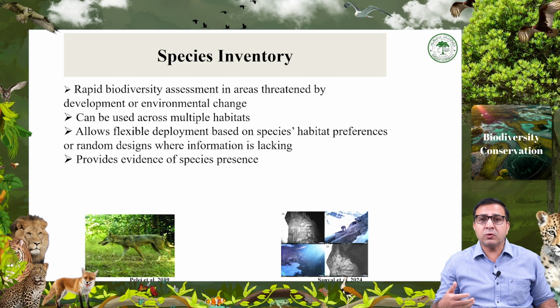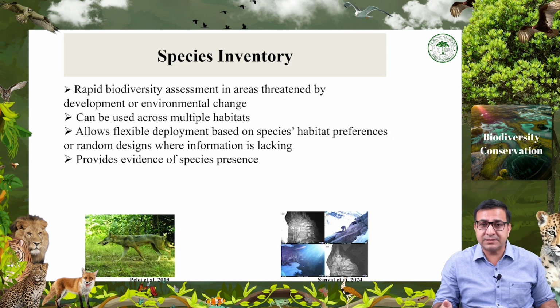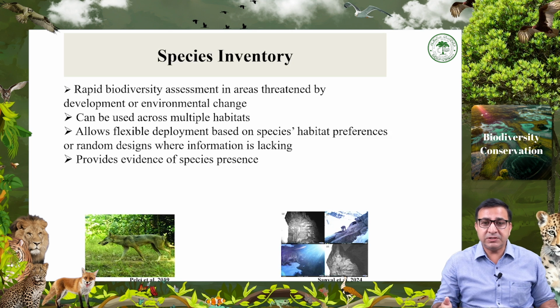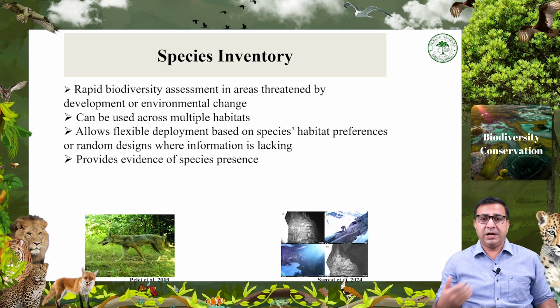These camera traps enable us to make a comprehensive checklist of species across multiple habitats, primarily focusing on different mammal species. The flexibility of camera trap deployment also lets us find out which particular species prefer which kind of habitats.